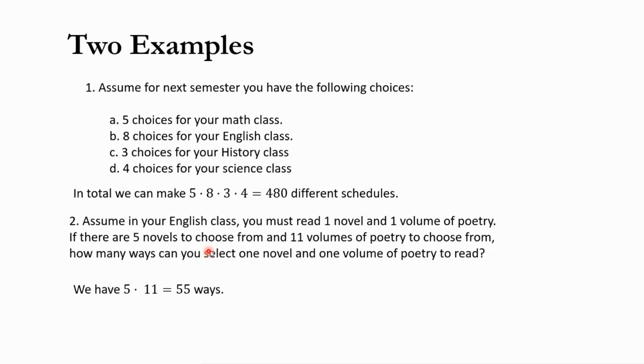So the novel in this case would be the first category. The volume of poetry would be the second. You would have 5 times 11, which is 55 ways. Again, it's just multiplication. That's all it boils down to. Okay. So that's another example. Do you have any questions on this?